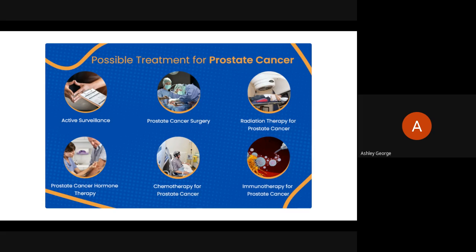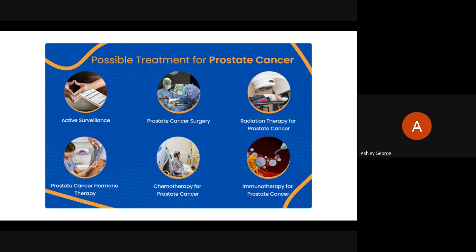The interesting thing about this therapy is that even though it may be effective at first, almost all patients eventually stop responding after a few years, and that leads to the cancer becoming castration resistant. So from this stage, the cancer progresses and spreads, and it can become metastatic, leading to the need for chemotherapy treatment, as we see here.